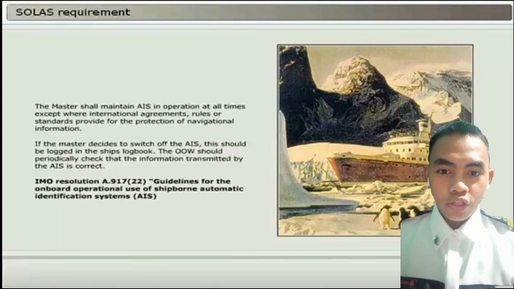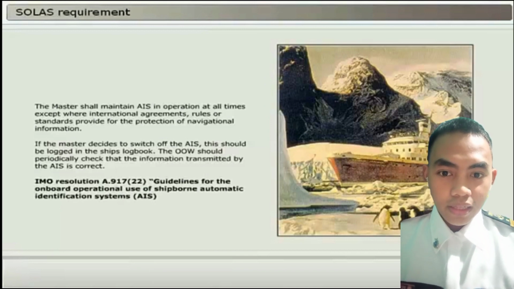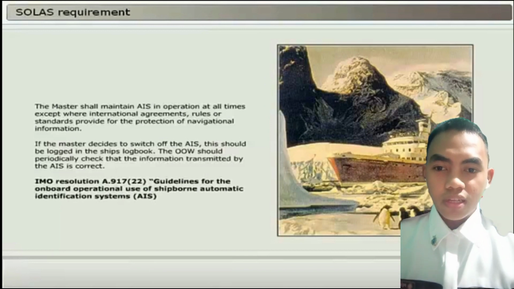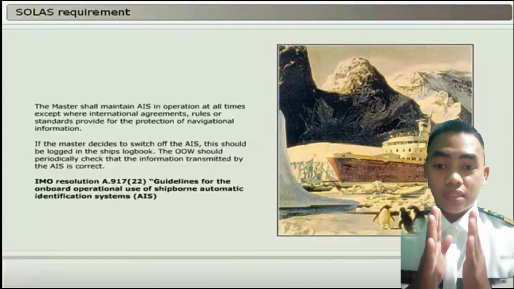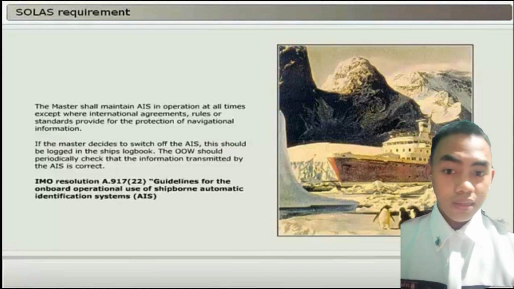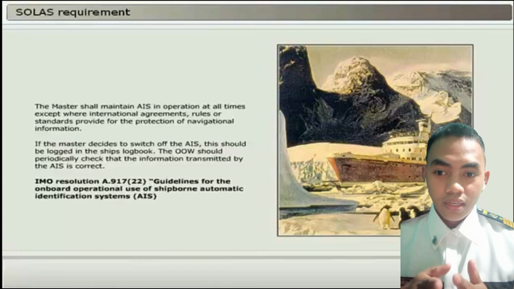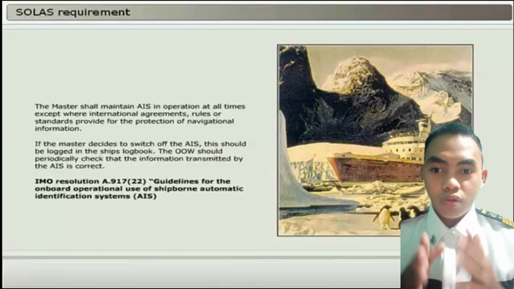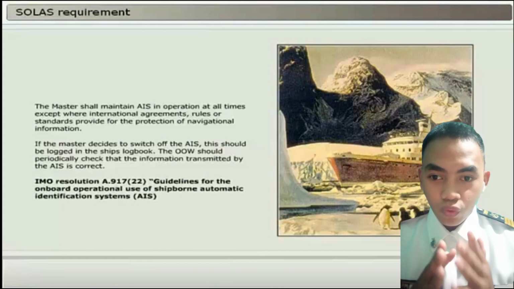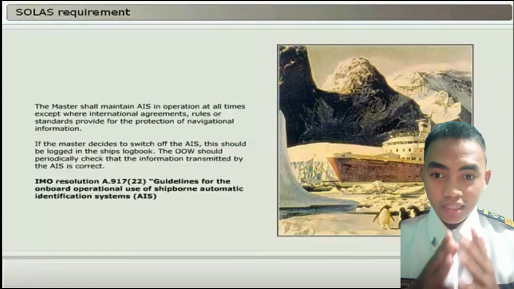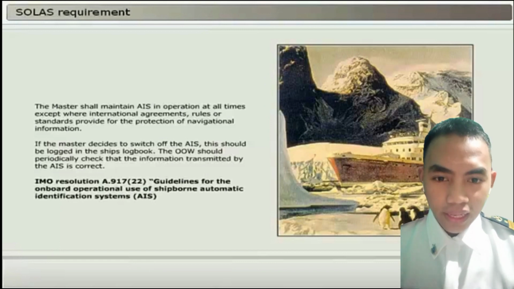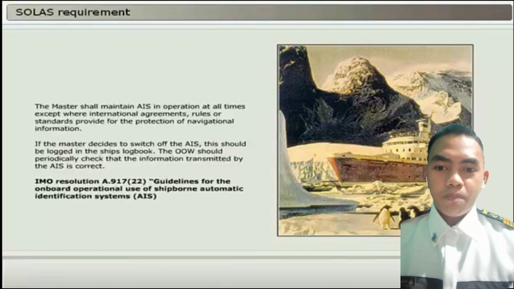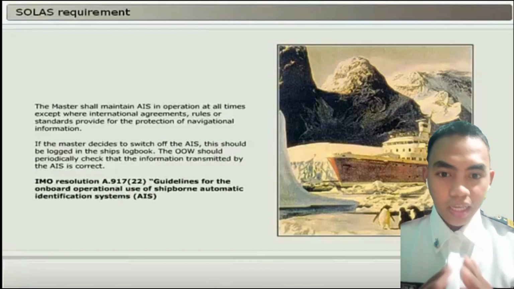Then the OOW should periodically check that the information transmitted by the AIS is correct. Then there is the IMO Resolution A.917(22), or guidelines for the onboard operational use of shipborne automatic identification systems.